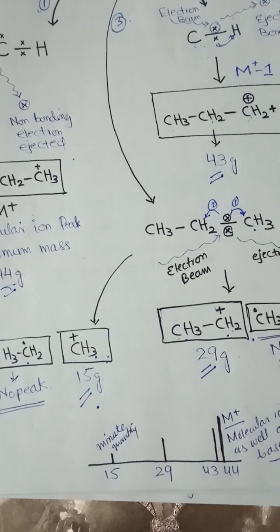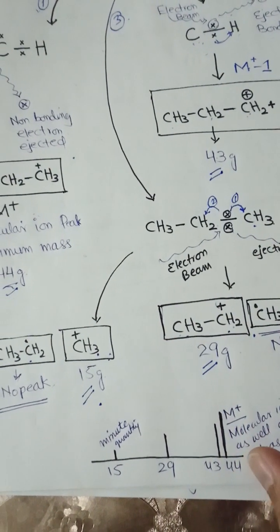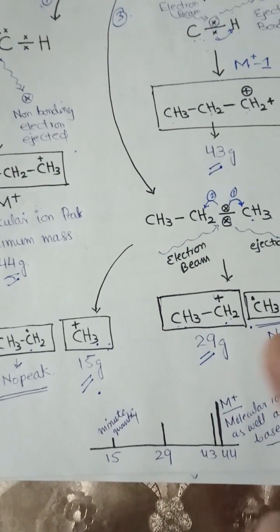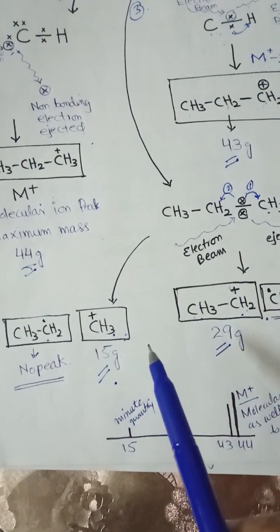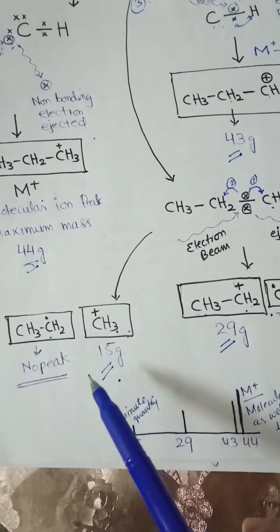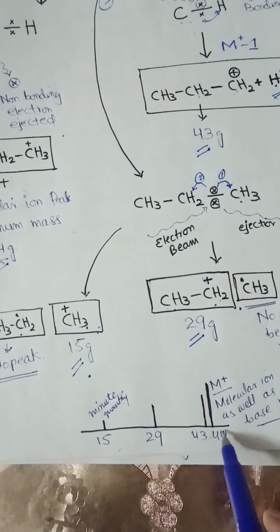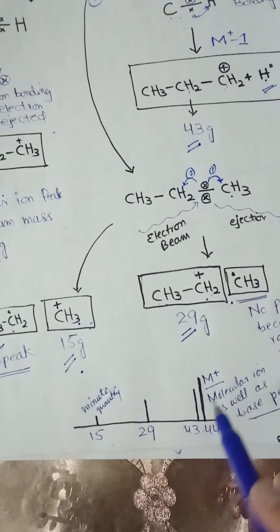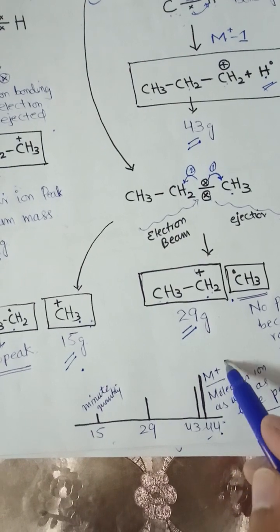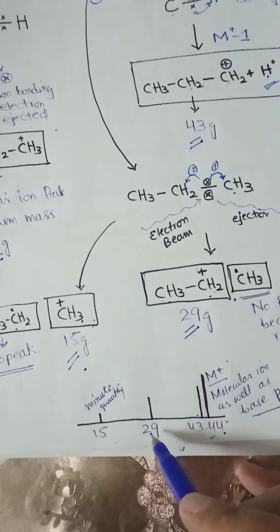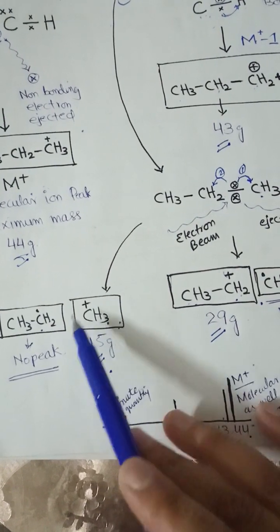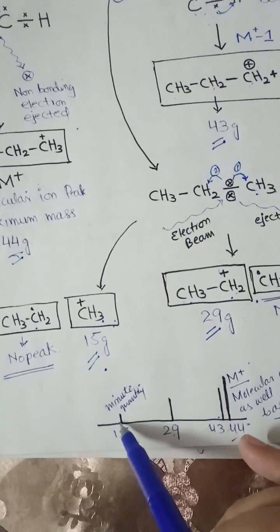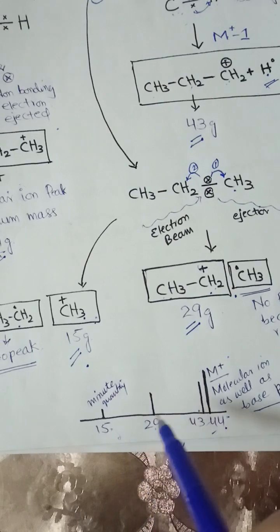In soft ionization, most of the time fragmentation doesn't occur as much as in hard ionization. The mass spectrum will be like this. Here we have 44, which is the molecular ion peak, and then 43, 29, and 15. The 15, the methyl peak, will be very small in quantity.